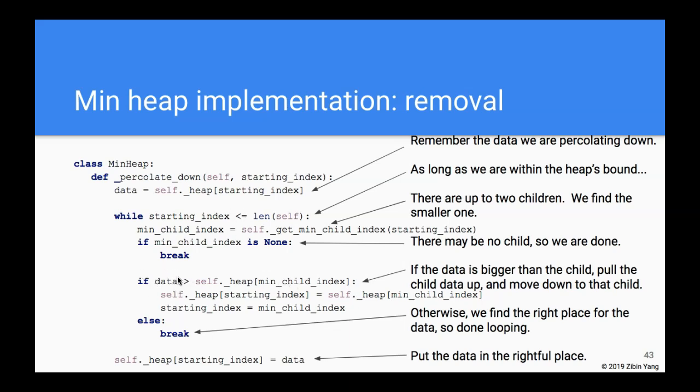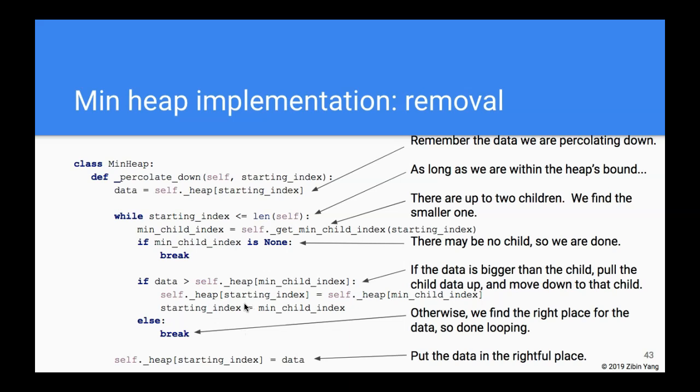And if the data is bigger than the smaller of the two children, then we have to pull the smaller child up, right? That's what this process does. And then we will move down to the place of the smaller child and continue the process of percolating down.